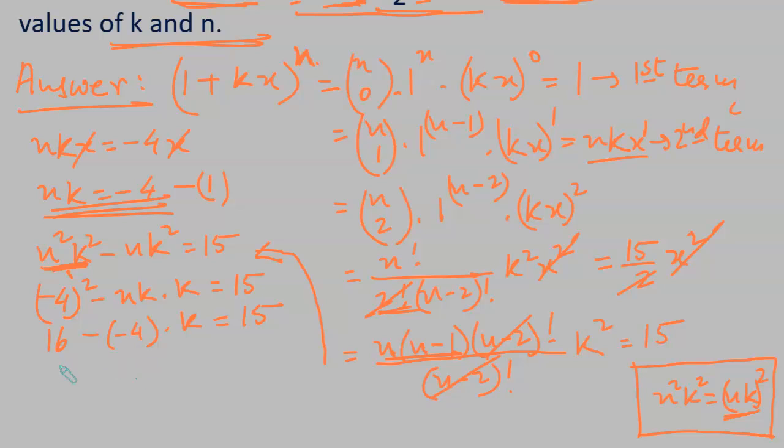Okay. So this is 16 plus 4k is equal to 15, or 4k is equal to -1, giving us the k value as -1 over 4.